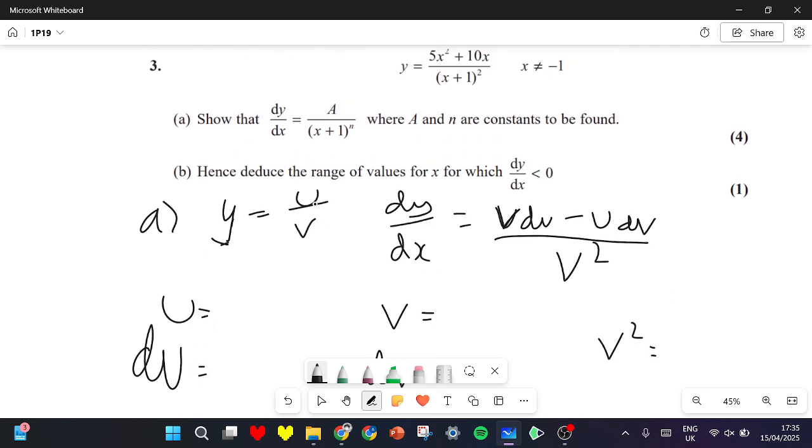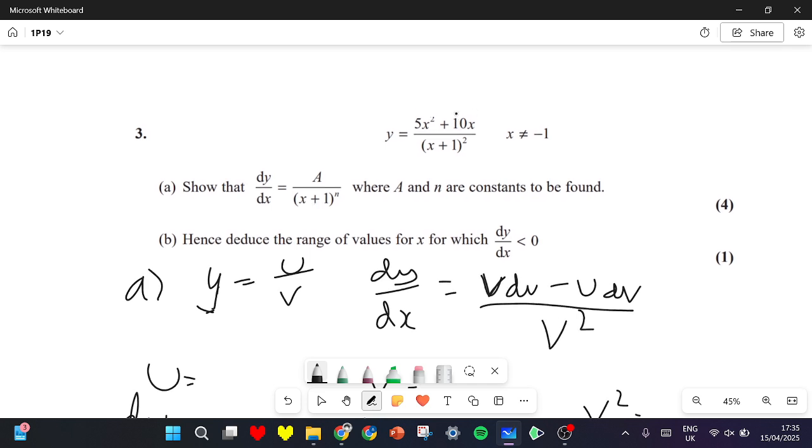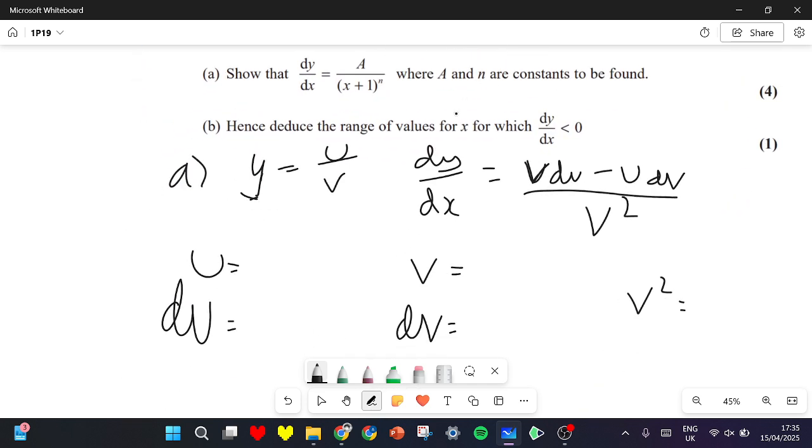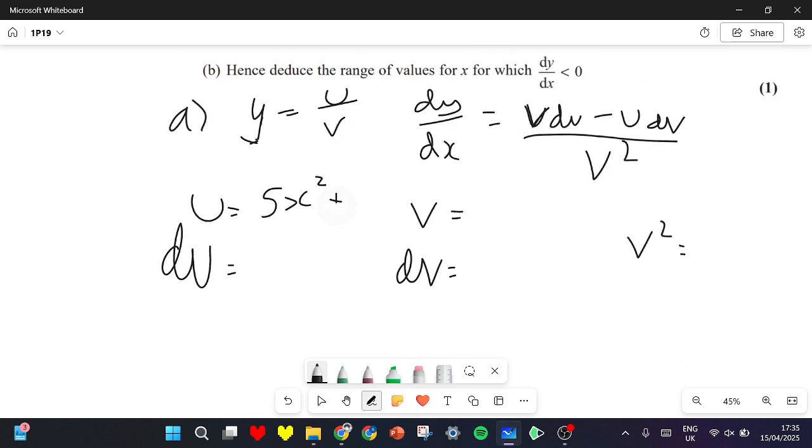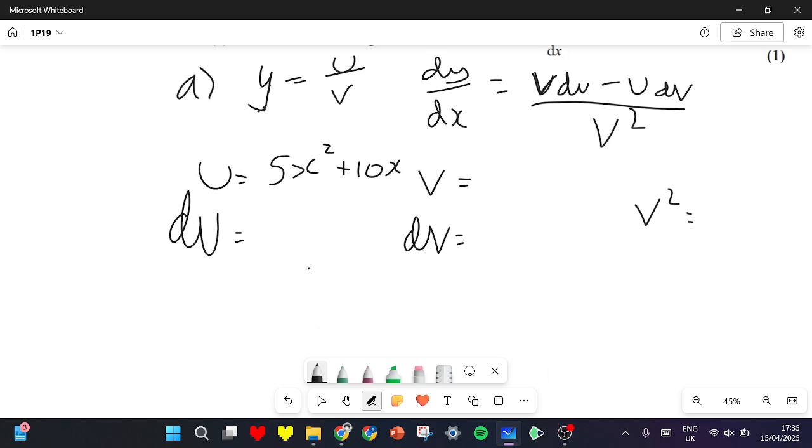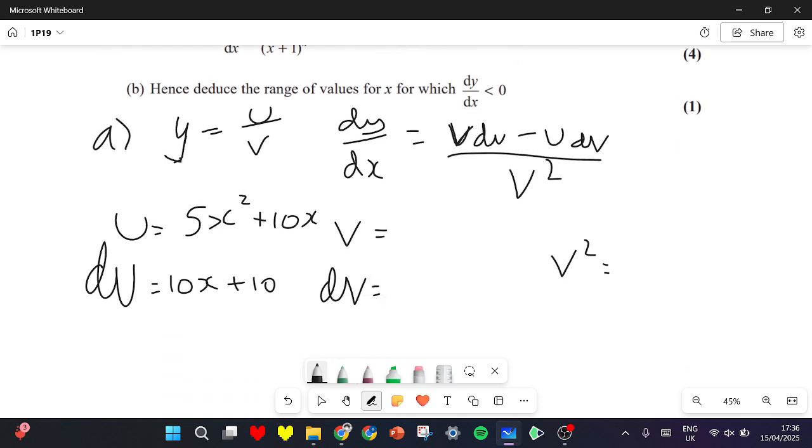In this one u is whatever's on top, so that's 5x squared plus 10x, and if you differentiate that, times it by the power and reduce the power, we get 10x plus 10. For v it's x plus 1 squared.